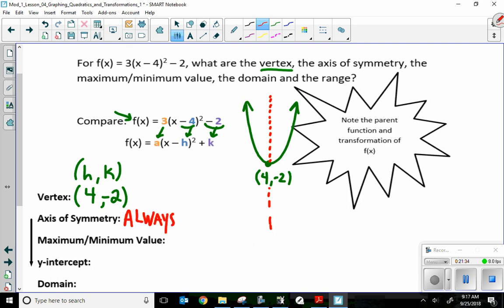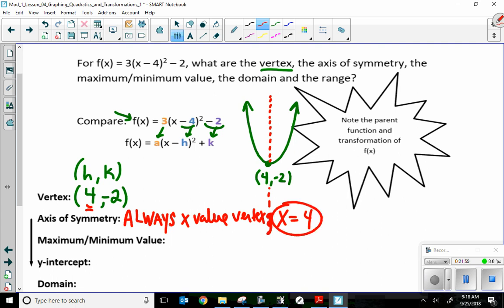In parabolas that go up or down, I'm not going to do any sideways parabolas, it's always the x value of the vertex. So what is that? The x value is 4, isn't it? The axis of symmetry is x equals 4. It is always the x value.